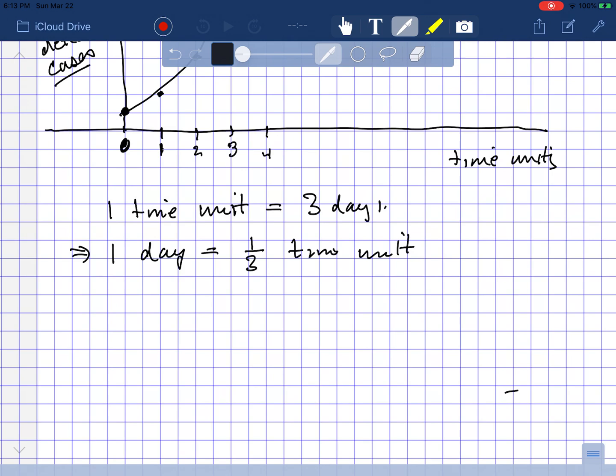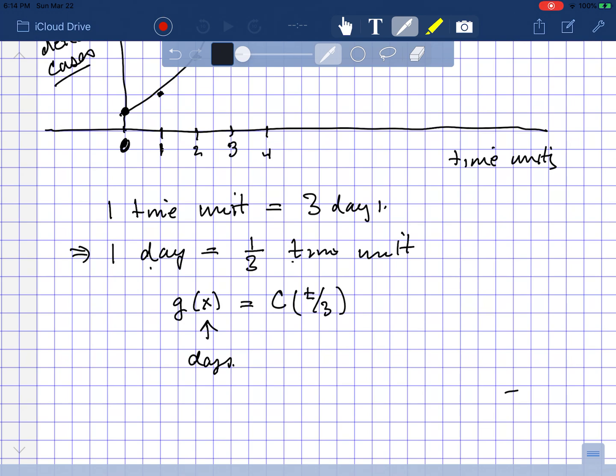All right. So if I have g of x, where x is measured in days, this is equal to c of t divided by 3, because 1 day is equal to 1/3 of a time unit.